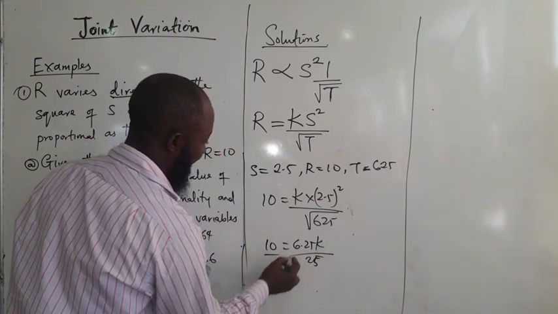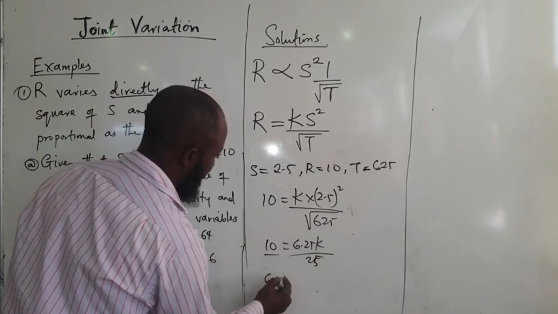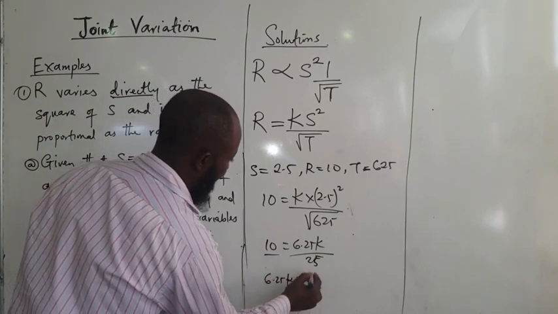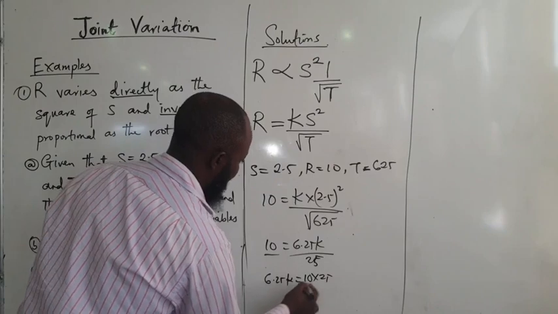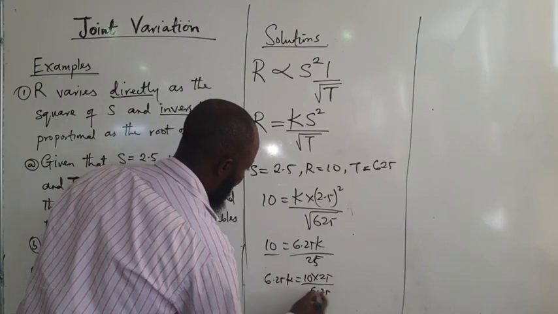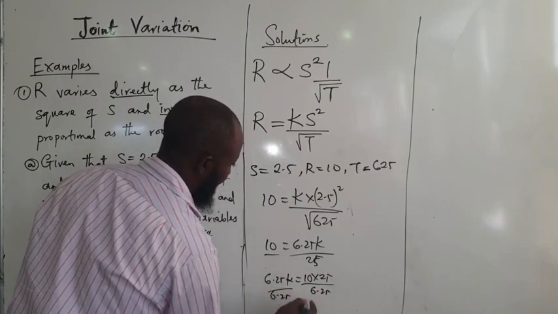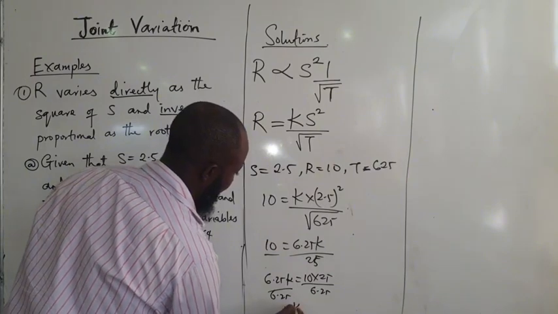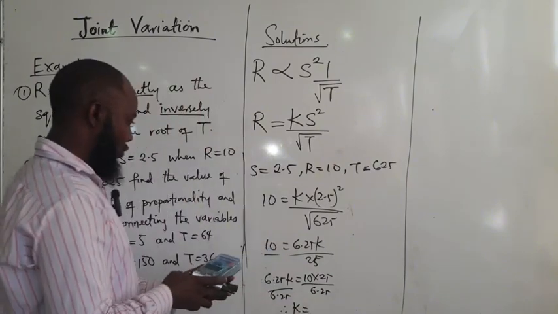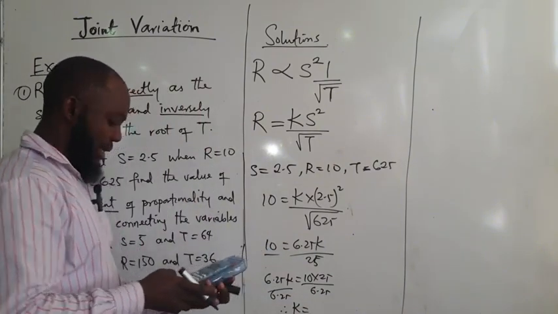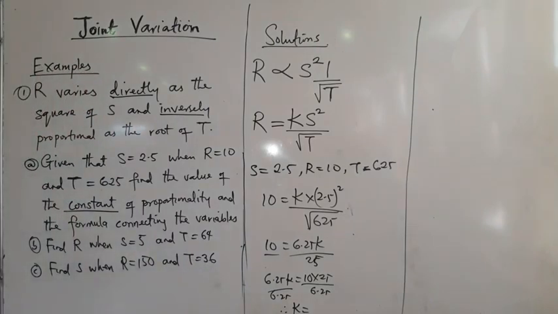You can cross multiply here. You have 6.25K equals 10 times 25. Divide both sides by 6.25. So K equals 250 divided by 6.25.